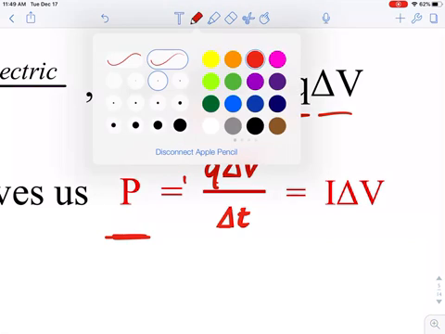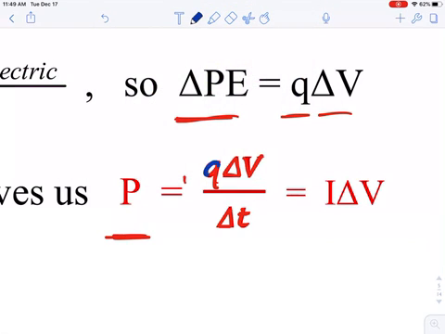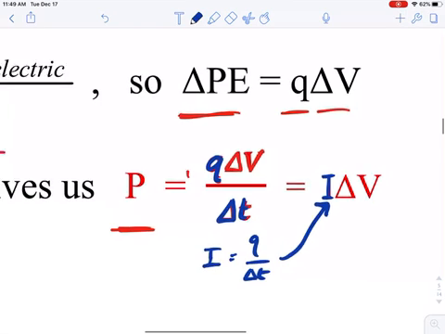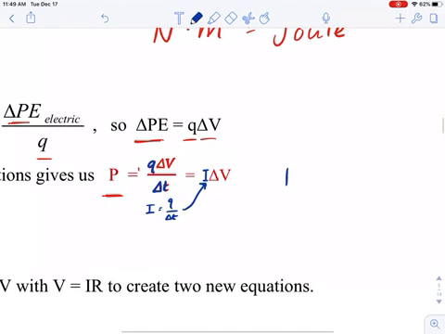But we know that charge over time is current. So I've replaced charge over time with current, and then we still have times voltage. So now we have a formula for power. We can say that power equals voltage times current.